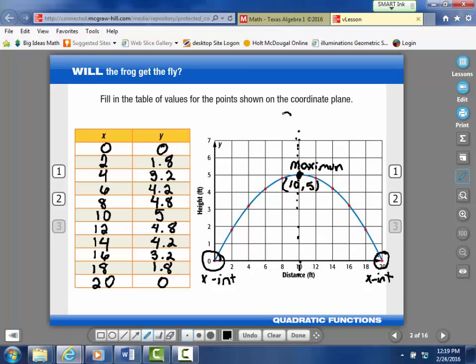This is called my axis of symmetry, because on that line, everything reflects.